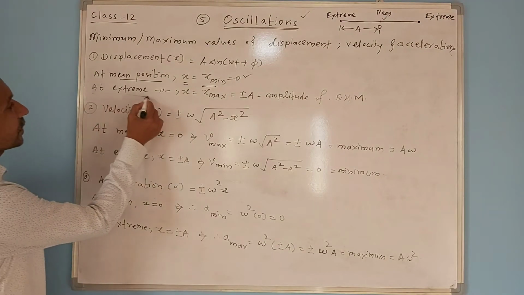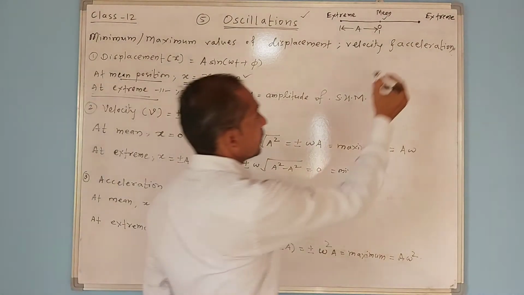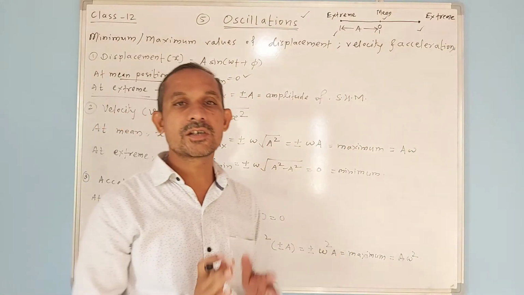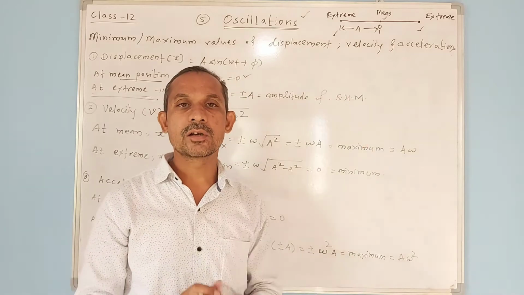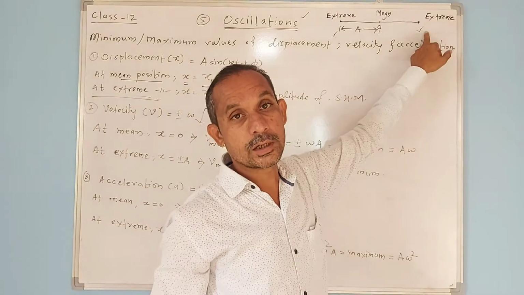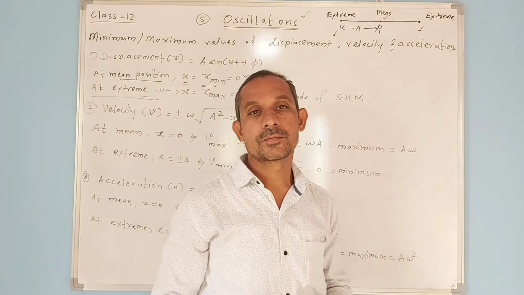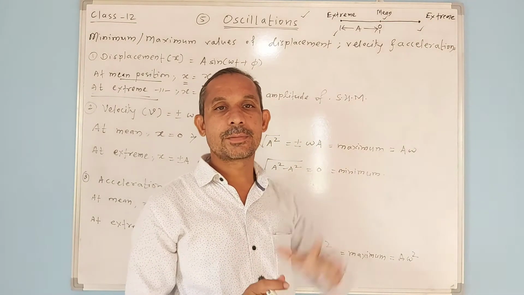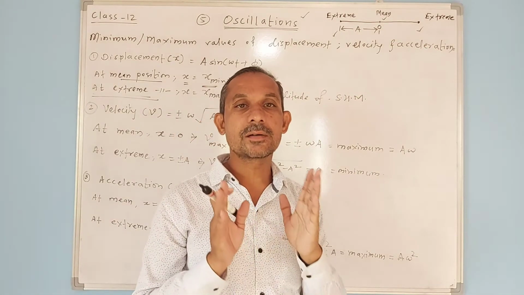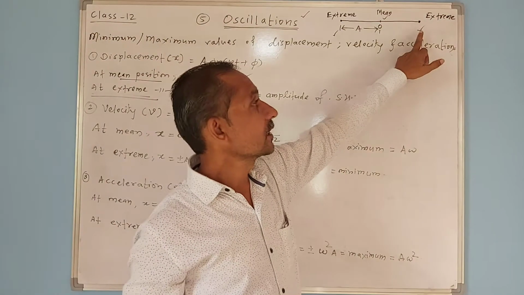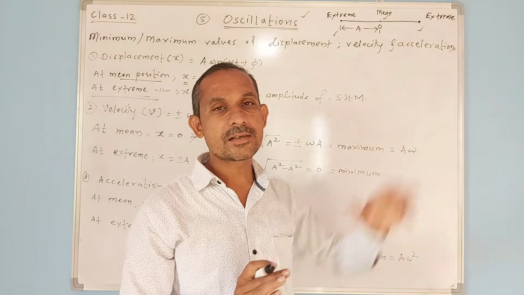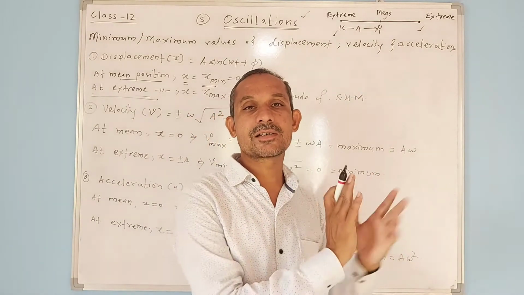Second, at the extreme position, this position or this position. There are two extreme positions in the simple harmonic motion. When the particle reaches an extreme position, its displacement from the mean position, because the reference point is always the mean position, is maximum.